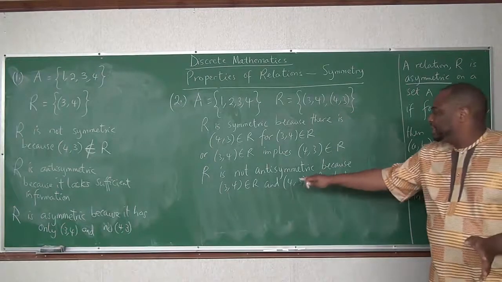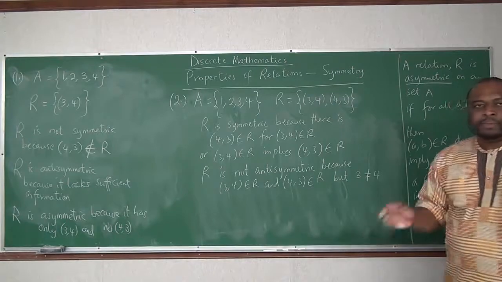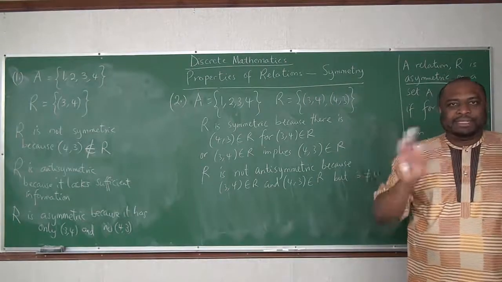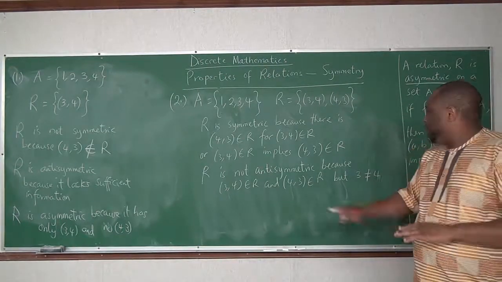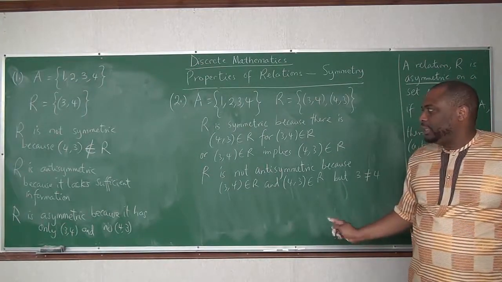Remember, this and this would imply that 3 is equal to 4, but 3 is not equal to 4. If it was equal, then it would be antisymmetric. But 3 is not equal to 4, therefore it is not antisymmetric.